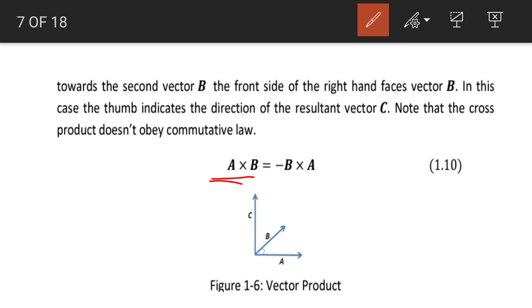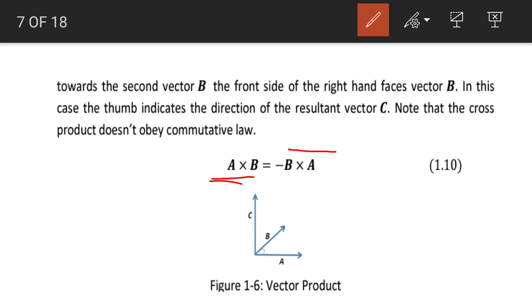Similarly, if you want to find out the direction of the resultant vector in case of B cross A, you see vector B is coming first. So we hold our right hand along with the first vector B in such a way that the front side of our right hand faces the second vector A. If we move our right hand from the first vector towards the second vector, the front side should be facing the second vector.